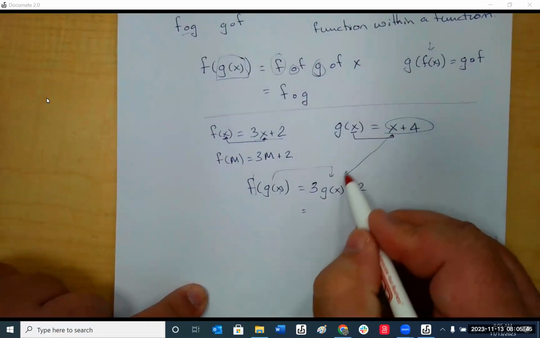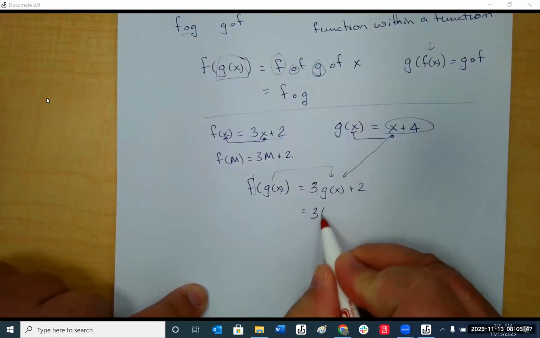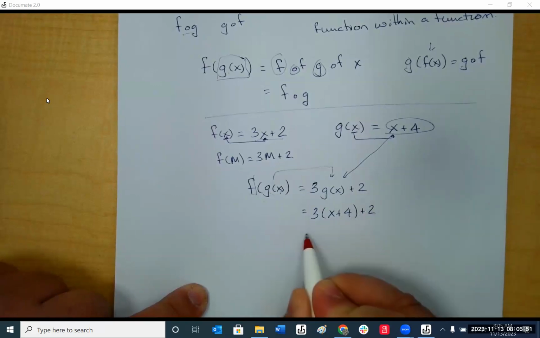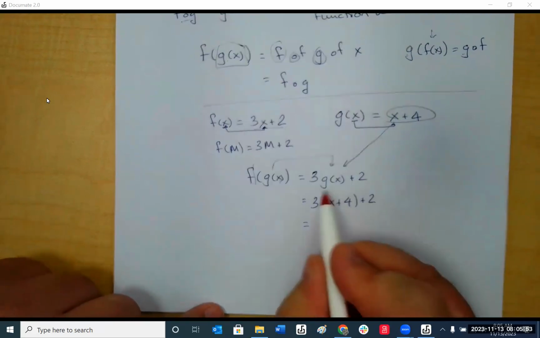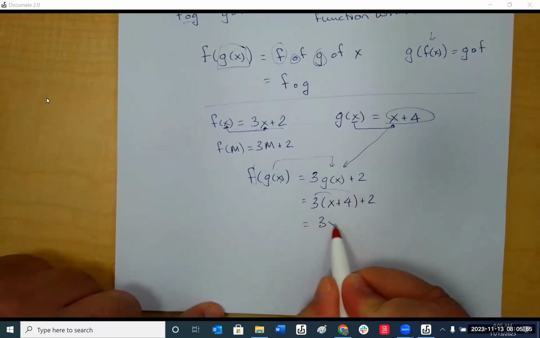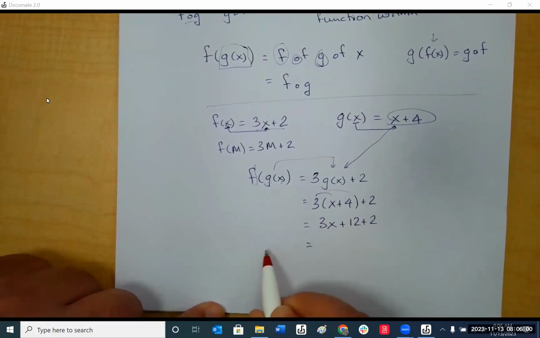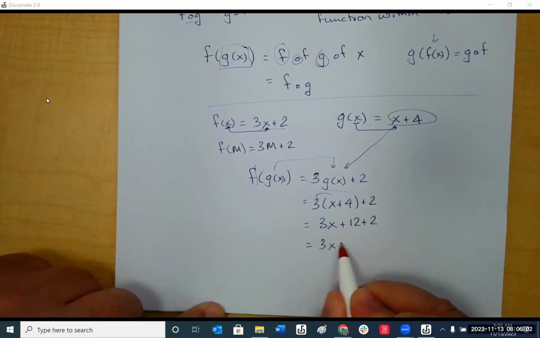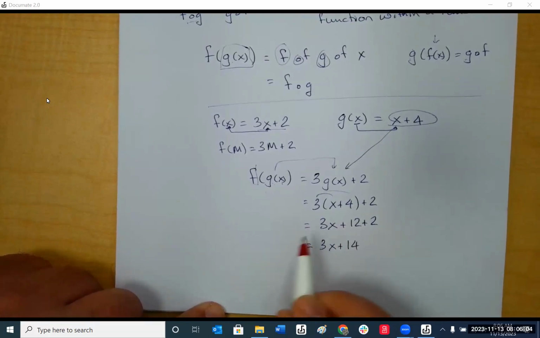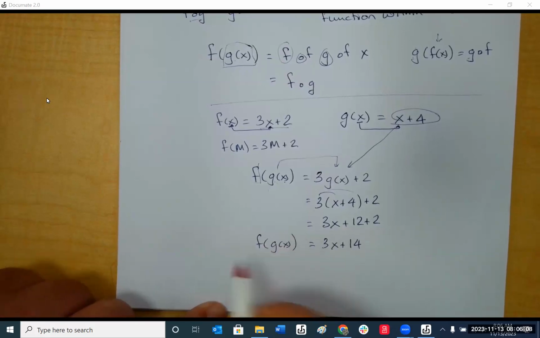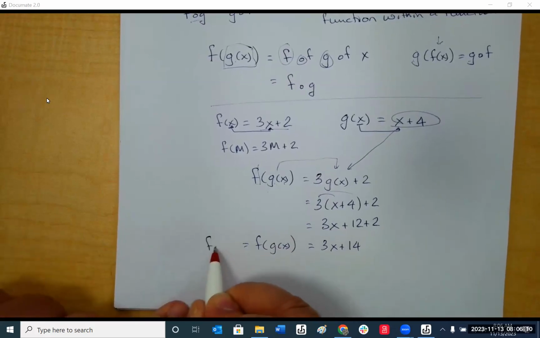G of x is x plus 4. Get rid of the parentheses and combine like terms. So that is our composite function f of g. So this is our Fogg.